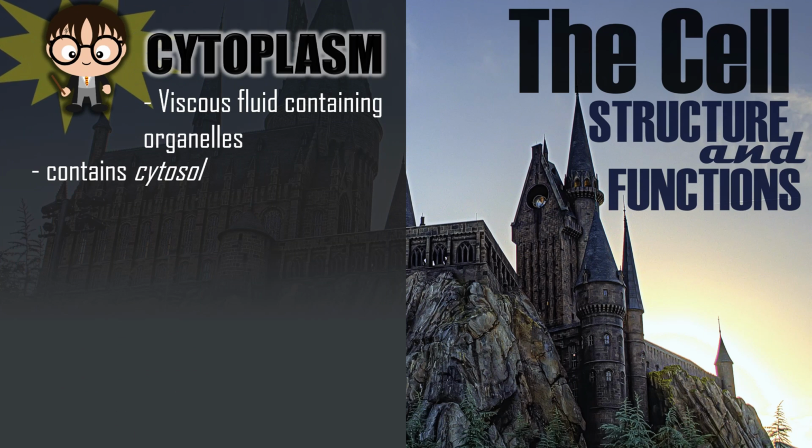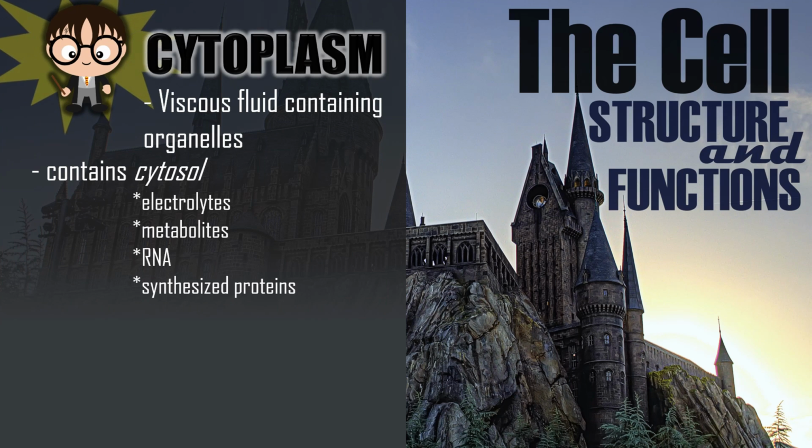The cytosol is where the different organelles are suspended. Within the cytosol are different substances, such as electrolytes, substances that produce electrically conducting solutions, metabolites, produced during metabolism, RNA or ribonucleic acid, and synthesized protein.